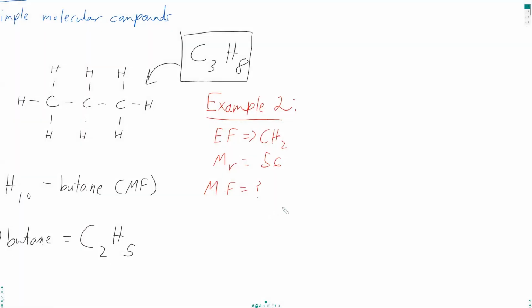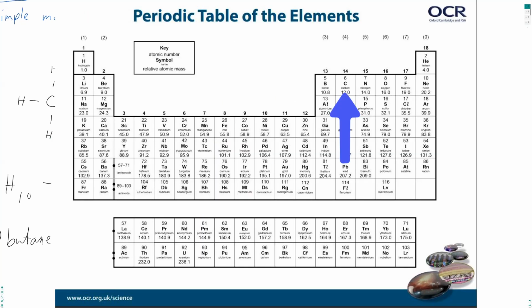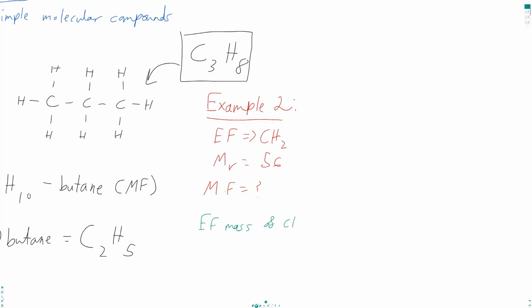So first, we find the empirical formula mass of CH2. The way we do that is we add up all the relative atomic masses. So here we do 12 plus 1 times 2, and that is equal to 14.